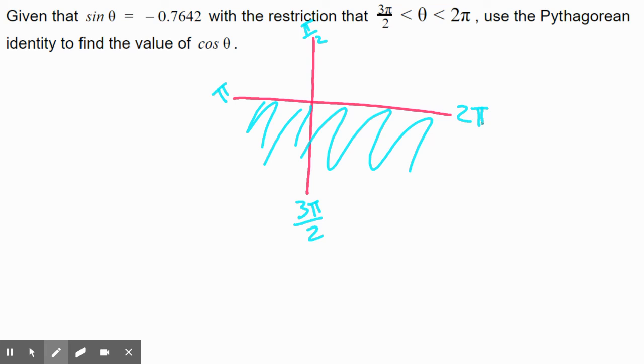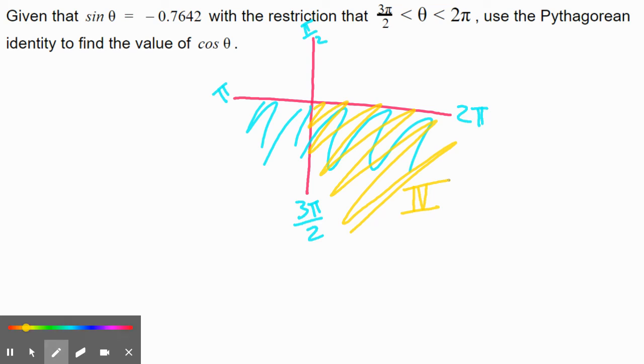We've identified where the sine is going to be negative, but now it's between 3 pi over 2 and 2 pi, so the thing we're actually looking for has to be here, in quadrant 4. And who doesn't like writing the Roman numeral 4? So it's going to be somewhere over there.